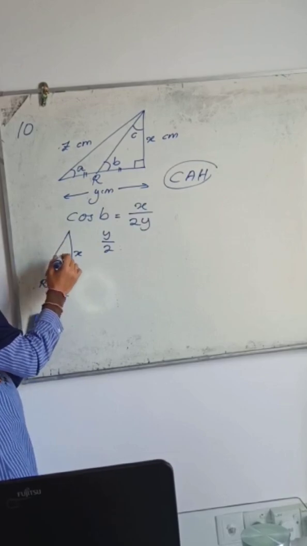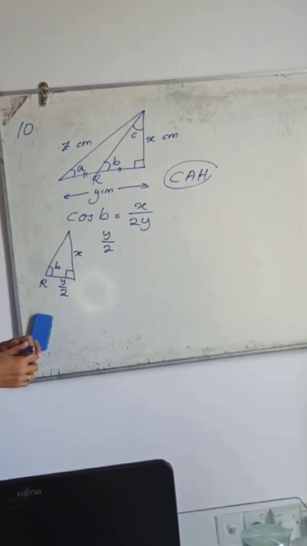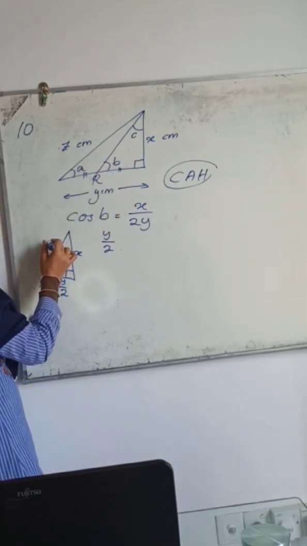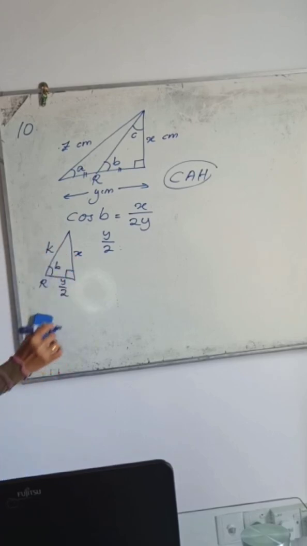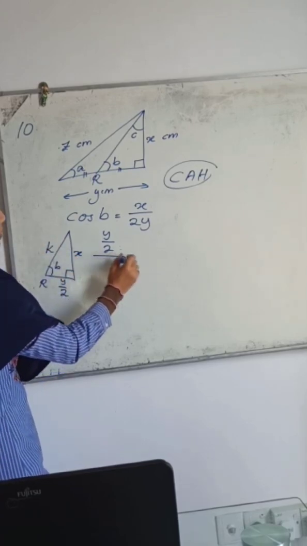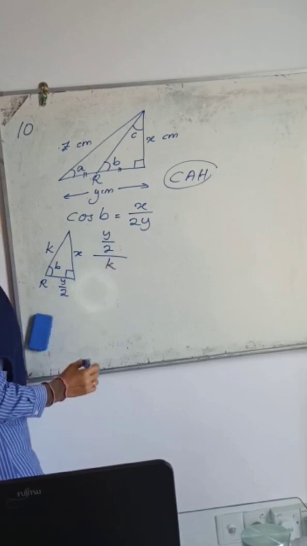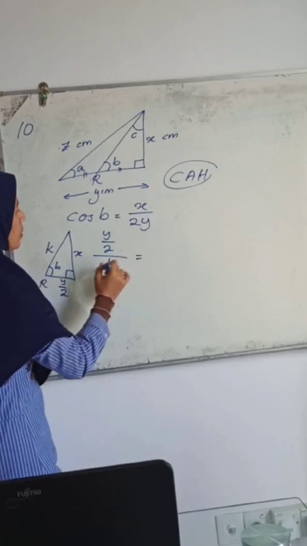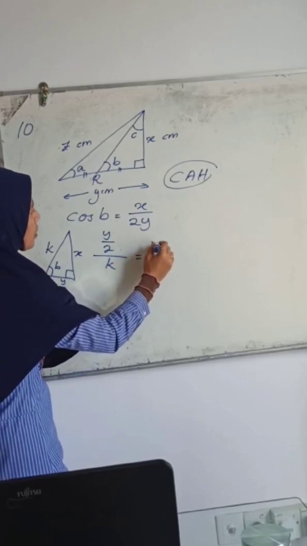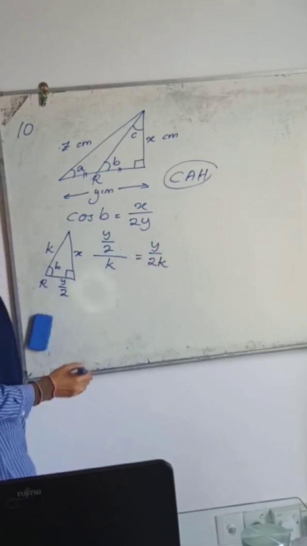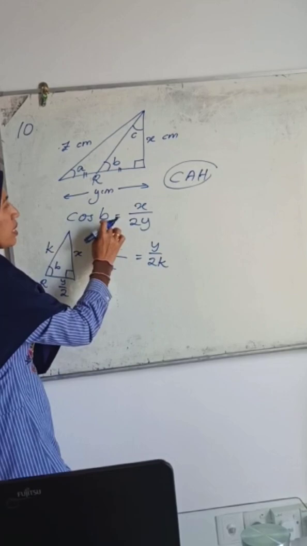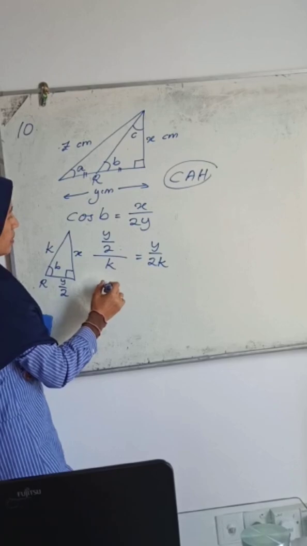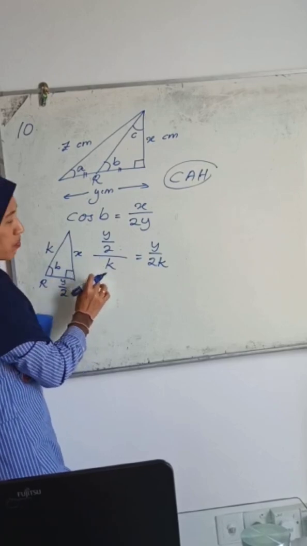Let's say the hypotenuse is K. So y per 2 per K, which is equal to y per 2K. So cos B is not equal to x per 2y.